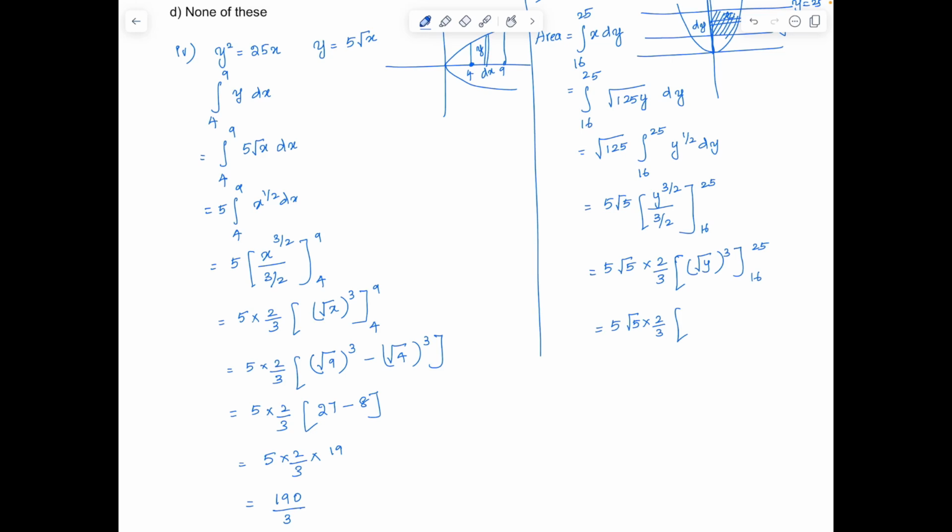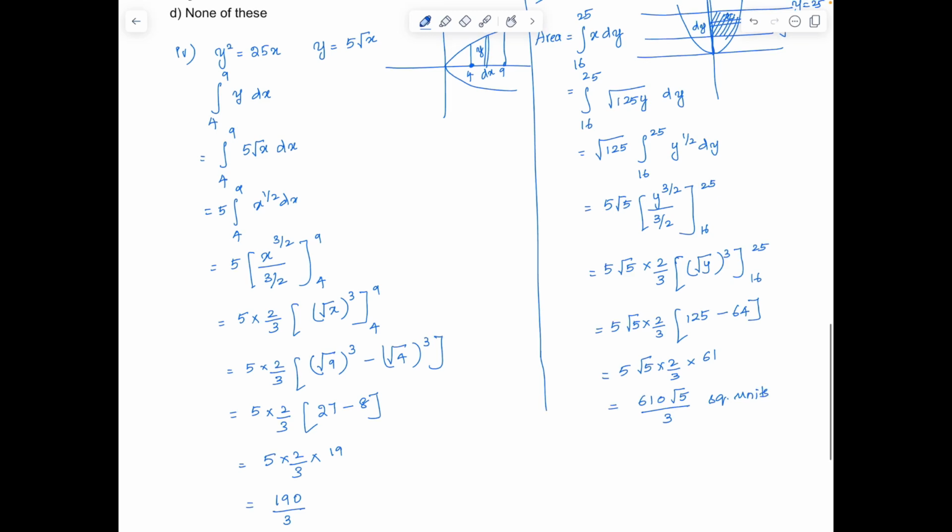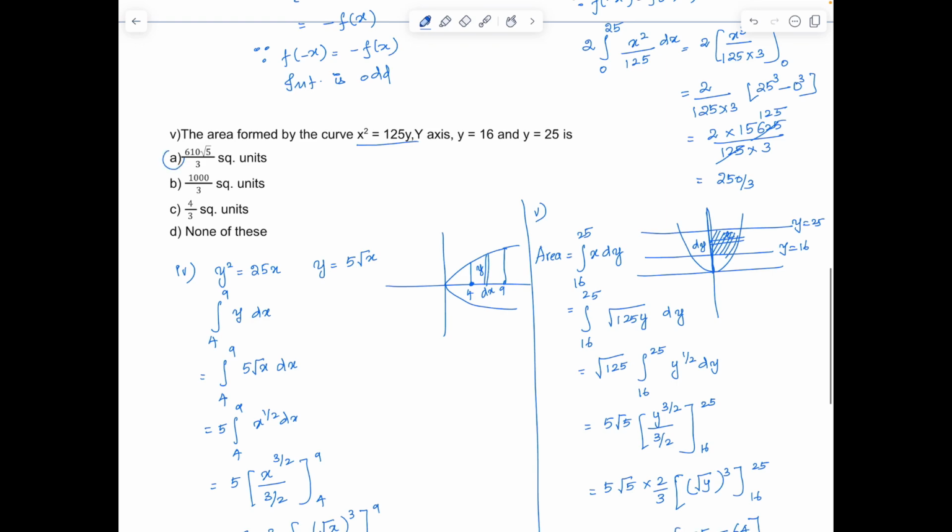Root 25 is 5, 5 power 3 is 125, minus root 16 is 4, 4 to the power 3 is 64. 5 root 5 into 2 by 3 into 61, which gives us 610 root 5 by 3 square units. So the option is A.